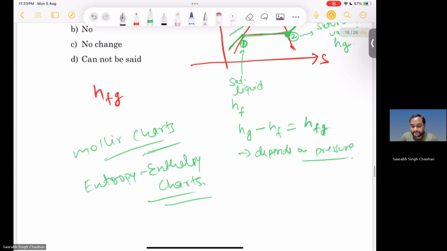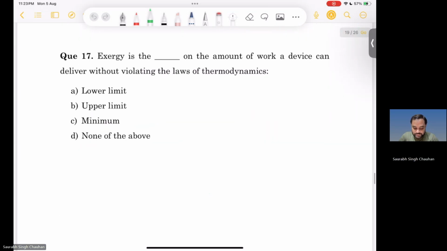So question number 17, it says that exergy is some blank on the amount of work a device can deliver without violating the laws of thermodynamics. So it is just the definition of exergy. So exergy is lower limit of the work, or upper limit of the work, or minimum amount of the work which a device can deliver without violating the laws of thermodynamics.